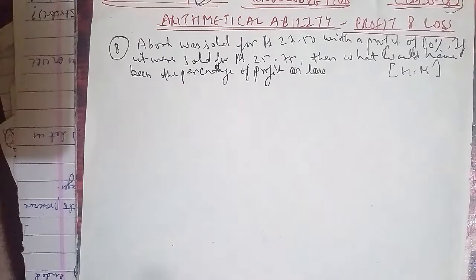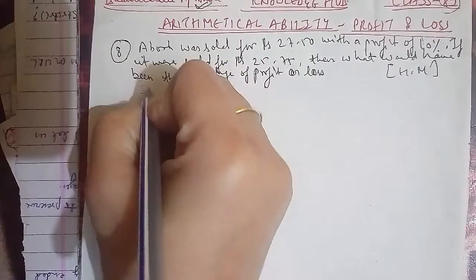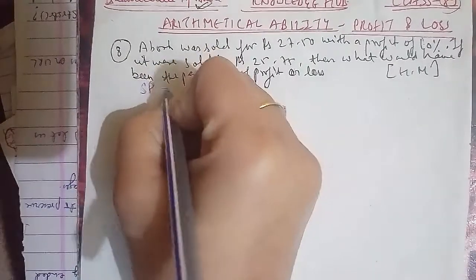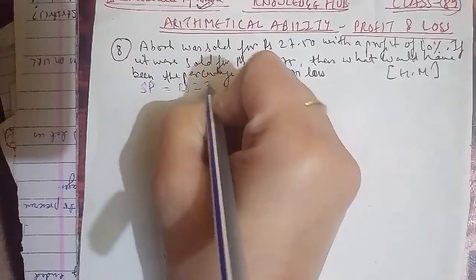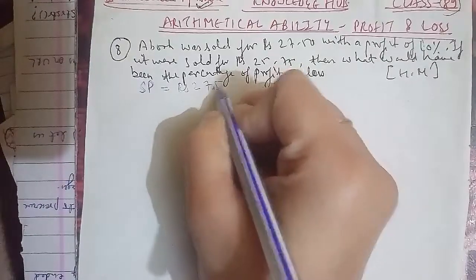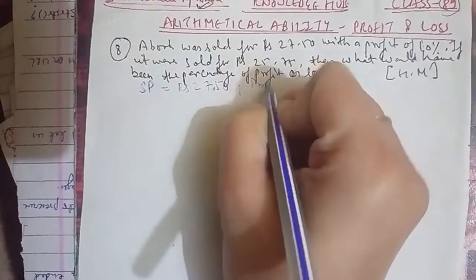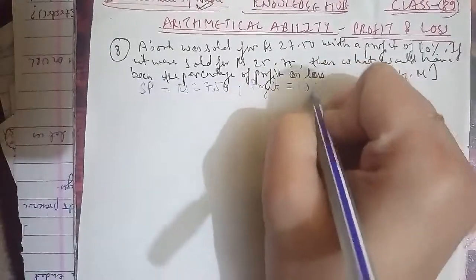So SP is equal to rupees 27.50, and profit is equal to 10%.